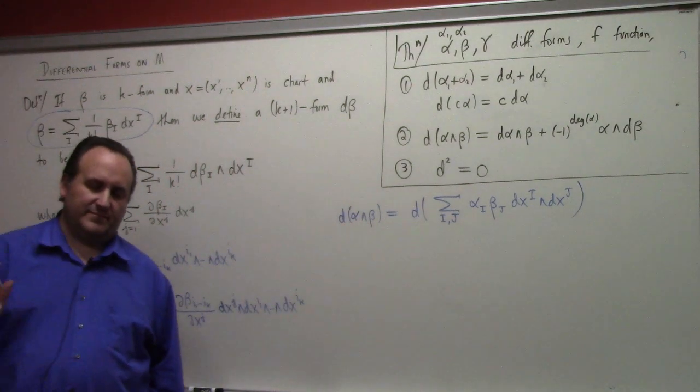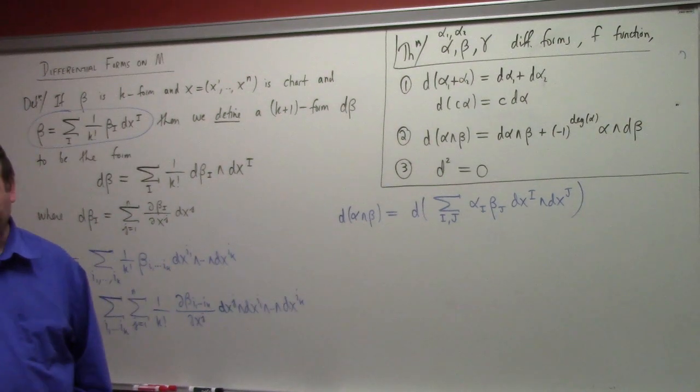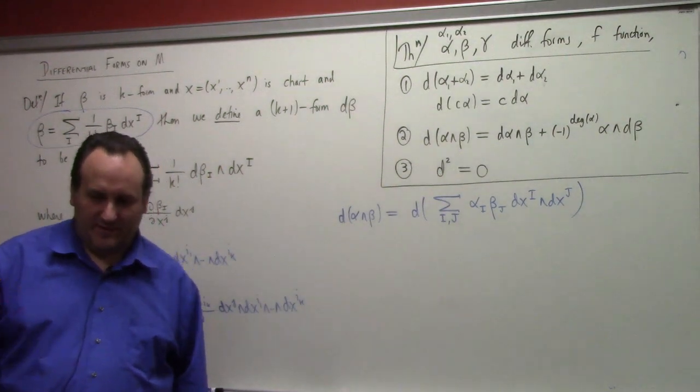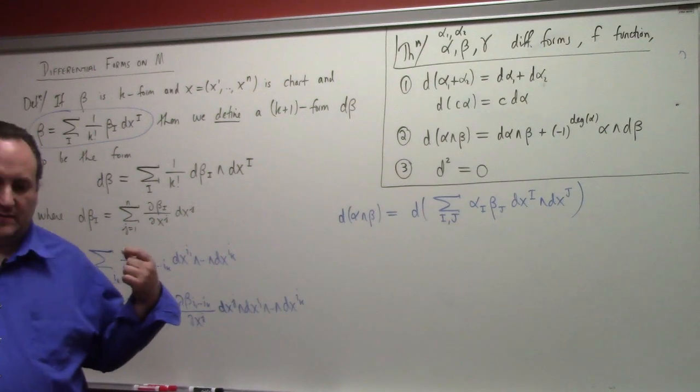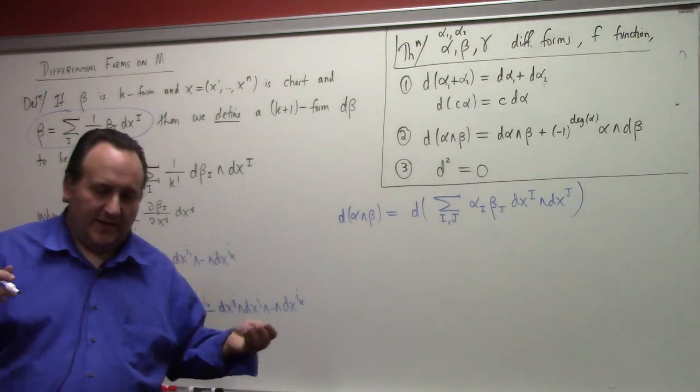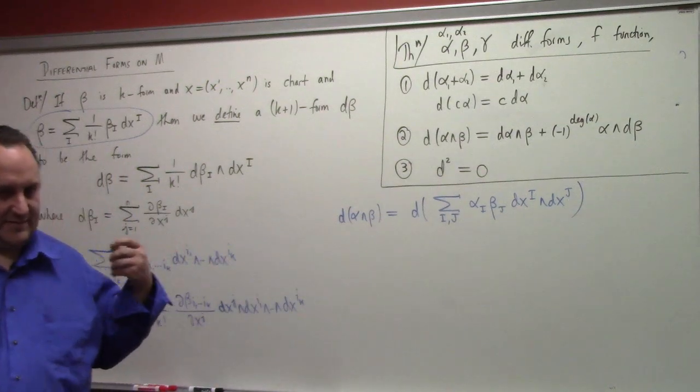I had more combinatorial nuance to try to make the definition in terms of a basis before, but after the dust settles, this is what the wedge product is. You have the distributive property and you just wedge the differentials. That's the wedge product, okay?